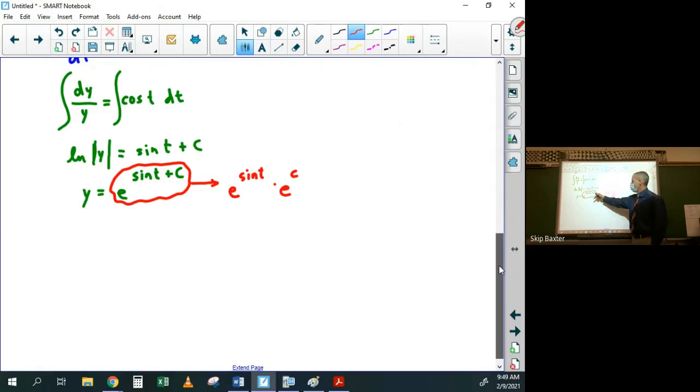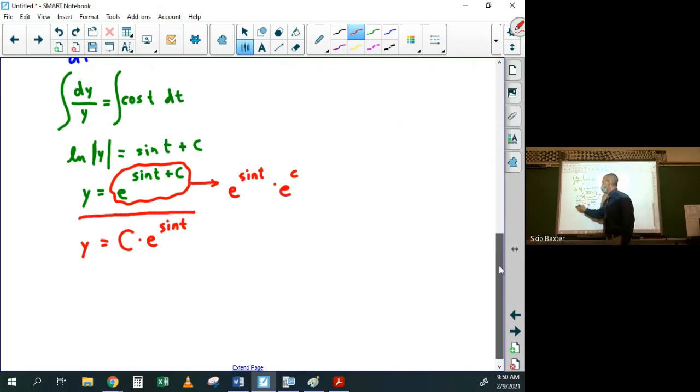But if c is just an arbitrary constant, then e to the c is an arbitrary constant. So sometimes they'll write this as c times e to the sine t. It makes the algebra easier. Again, if you're trying to solve for c, it makes it a lot easier if the c is here than if the c is up there. Okay, and if this was multiple choice, I guarantee you this is the way that they would want to write that.